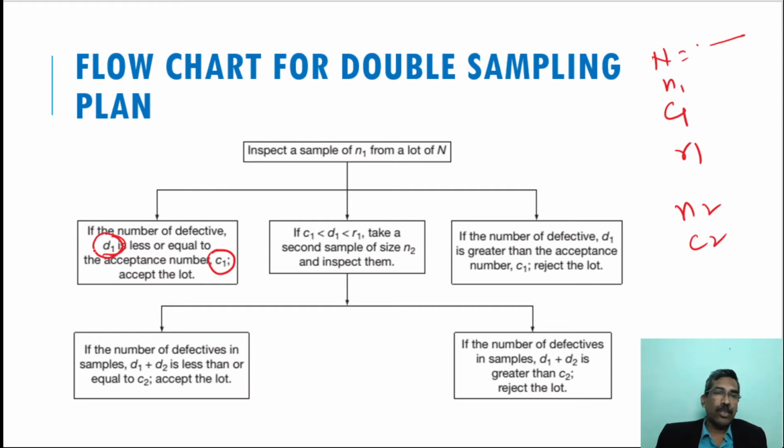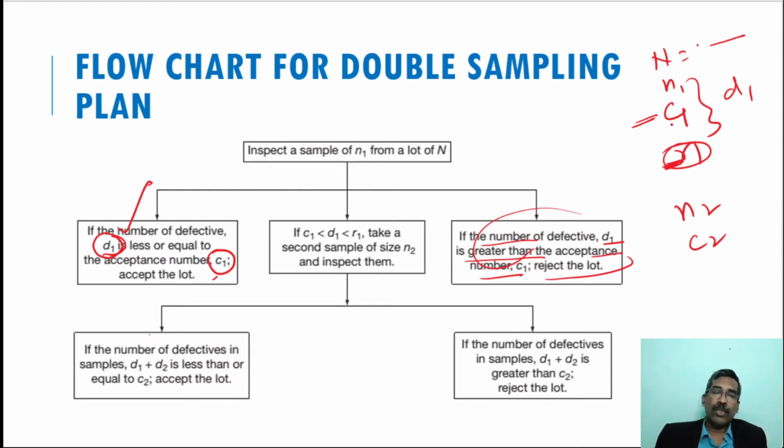Then if the number of defectives in the first sample is less than or equal to C1, there is no need to draw the second sample; accept the lot. And if the number of defectives is more than or equal to R1, then we should reject the lot. Again, there is no need to take a second sample, and we cannot consider this second sample here. So you can see that if D1 is greater than the acceptance number C1, then we reject the lot.